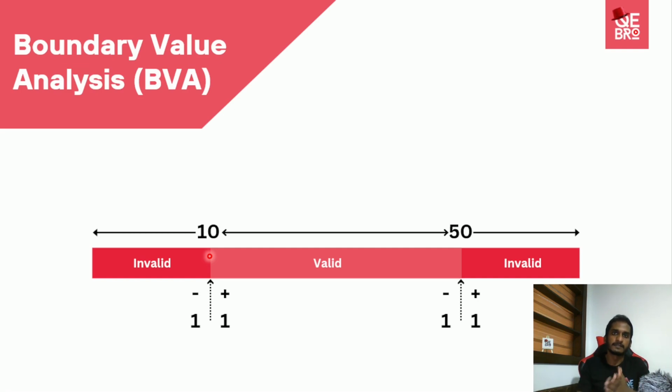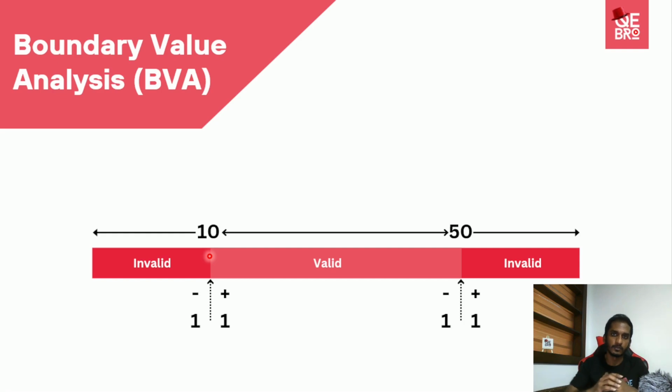For example, let's say the code is written with an if-else statement. It will check if the value is greater than 10 or less than 50, and do something likewise. If we pass the boundary value 10, the application will check the condition. There can be two different scenarios: greater than, and greater than or equal.